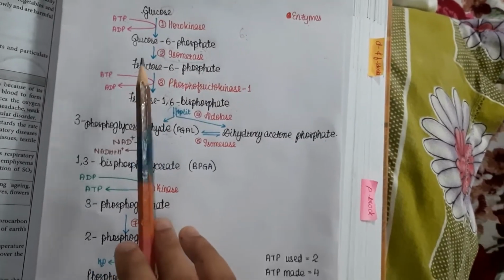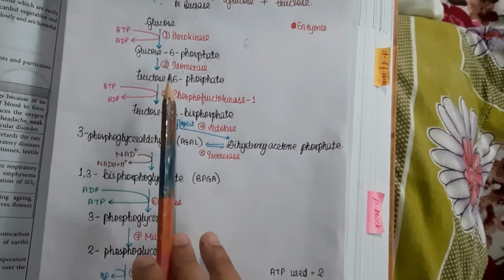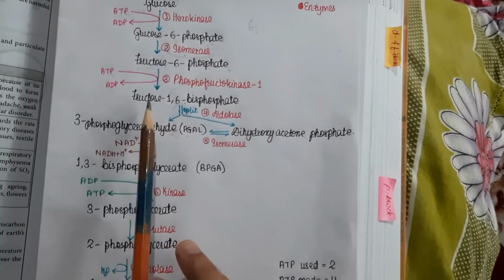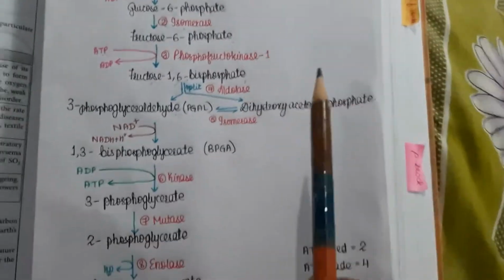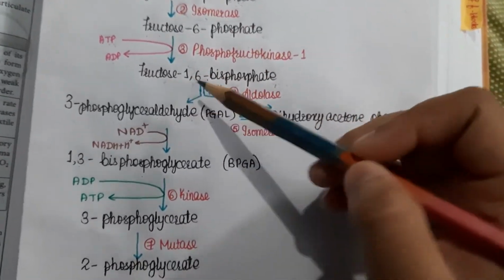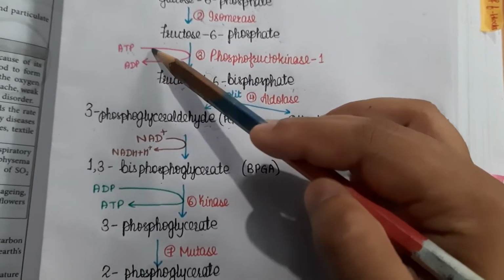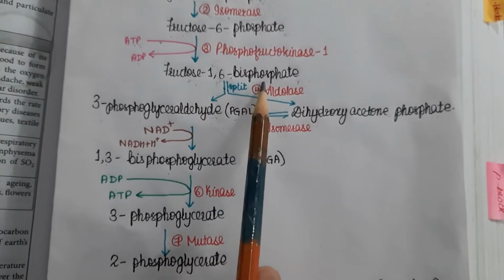So after receiving it from ATP, fructose 6 phosphate gets converted into fructose 1,6 bisphosphate. Do you realize how this got converted? It obtained one phosphate group from ATP. Therefore, it gets converted into this one.